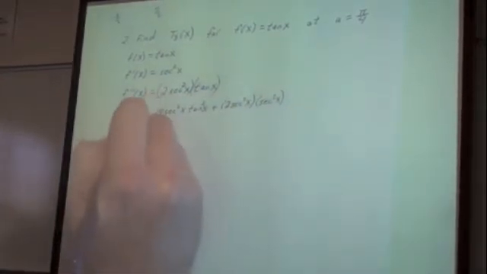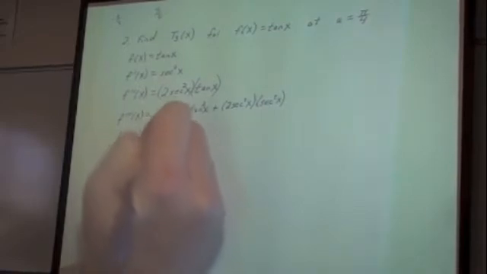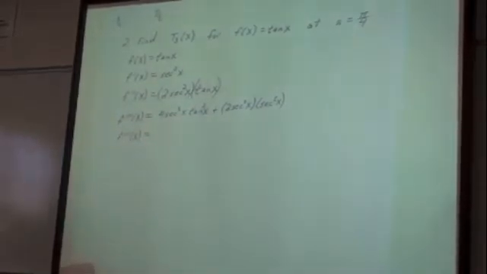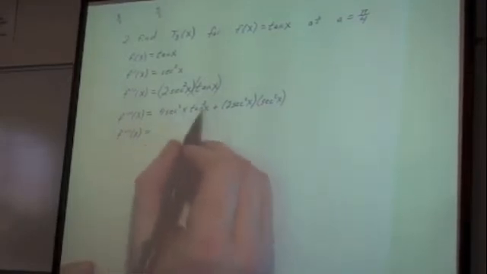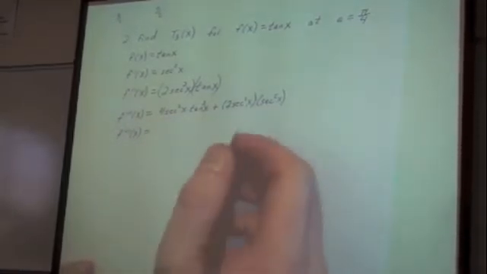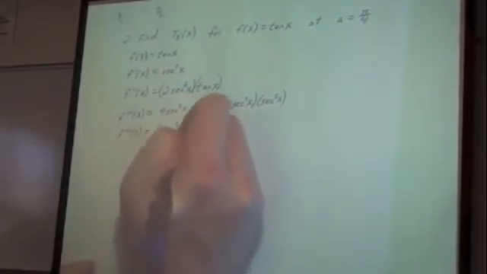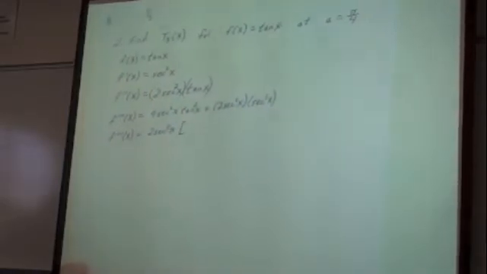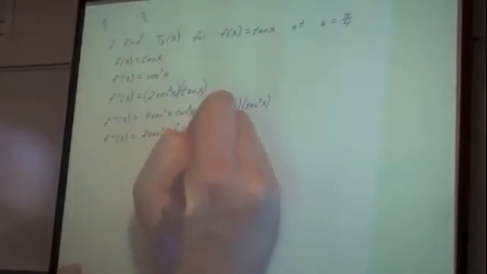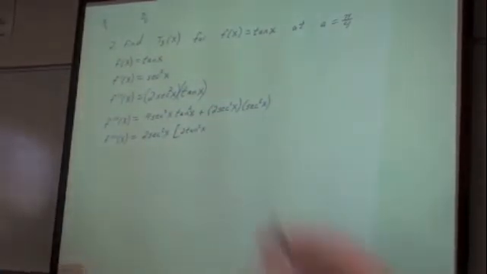So a simplified third derivative I could say is 4 secant squared tangent squared. I'm going to pull out a common factor of 2 secant squared, and then say times the group 2 tangent squared plus secant squared.